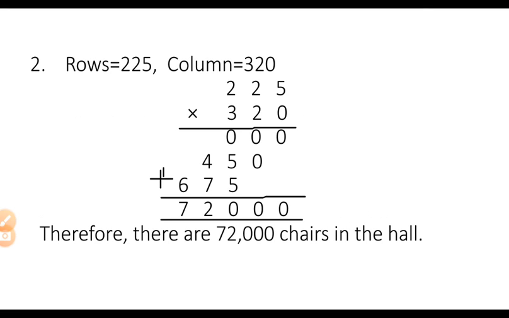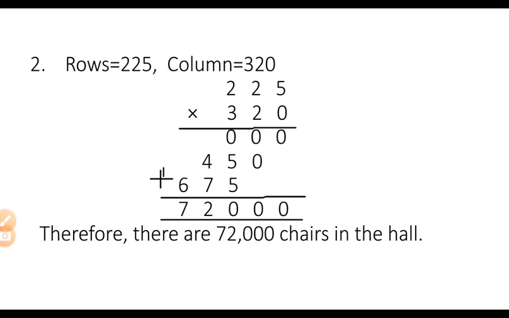Look at this. We have rows 225, columns 320. So we are going to multiply them, using the same arrangement as before and the same method of multiplication.